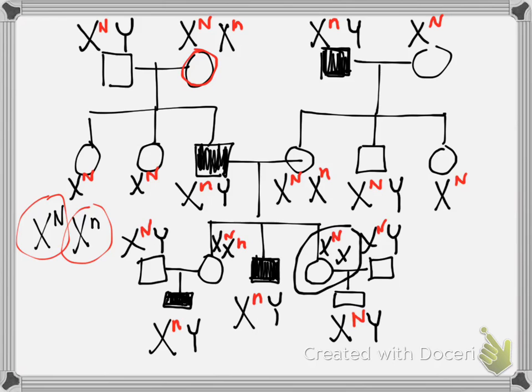Okay, for females who don't have offspring, but we still want to know their genotype, can we tell? We don't know what her genotype is. That's going to remain a mystery because she doesn't have any affected sons and we don't know anything about her parents. For this female here, can we tell what her other X is? How many of you would say, yes, we can tell?